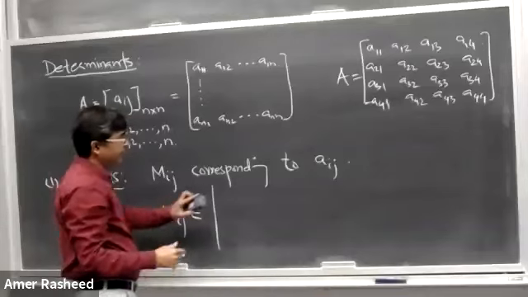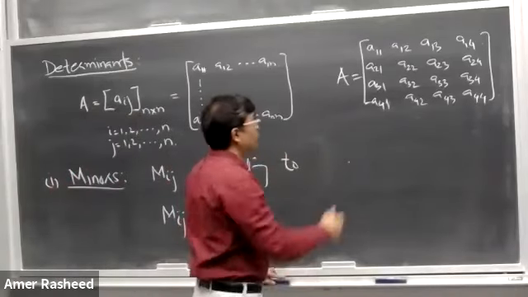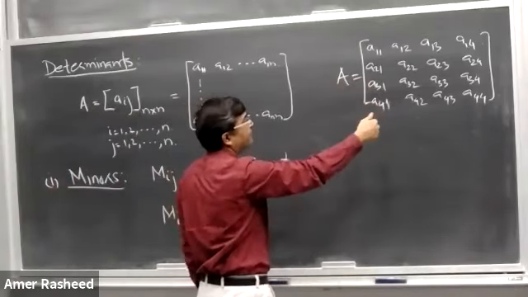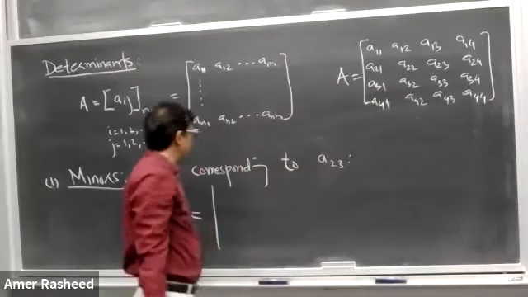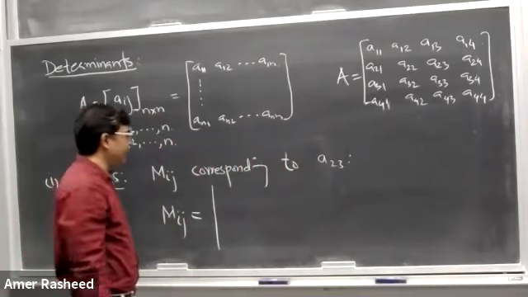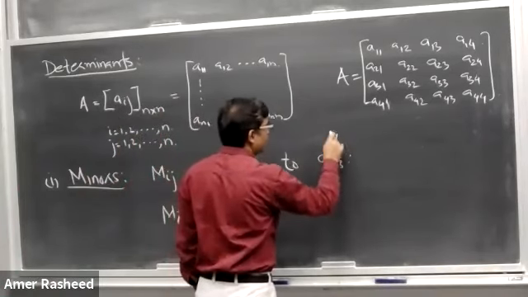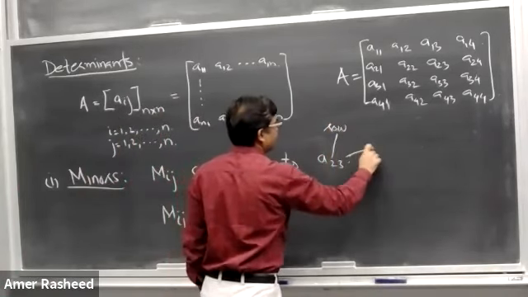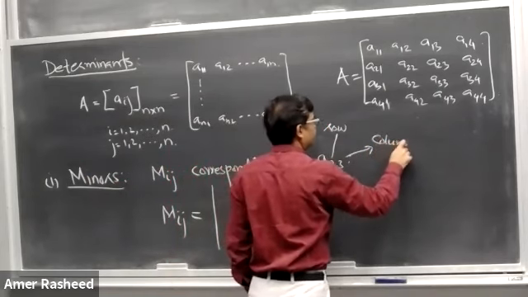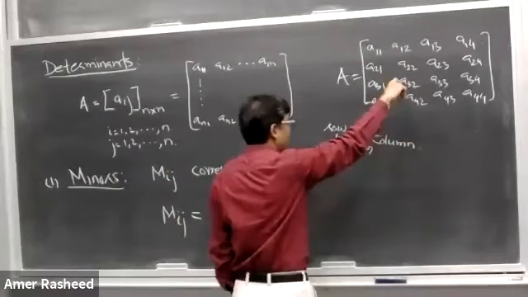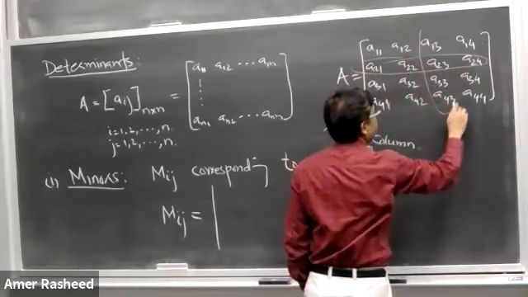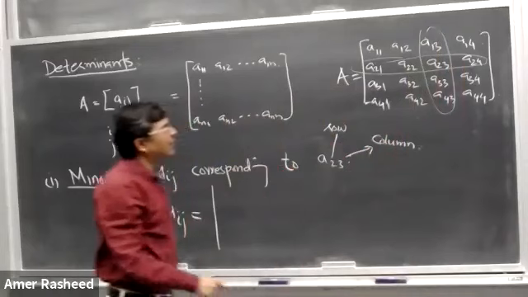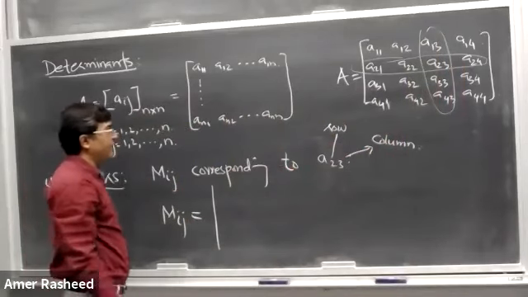I'm going to write a minor corresponding to some entry, for example, A23. How do we write it? We delete the second row and third column of this matrix. This is the second row, and this is the third column. You delete these two things and write the remaining matrix.